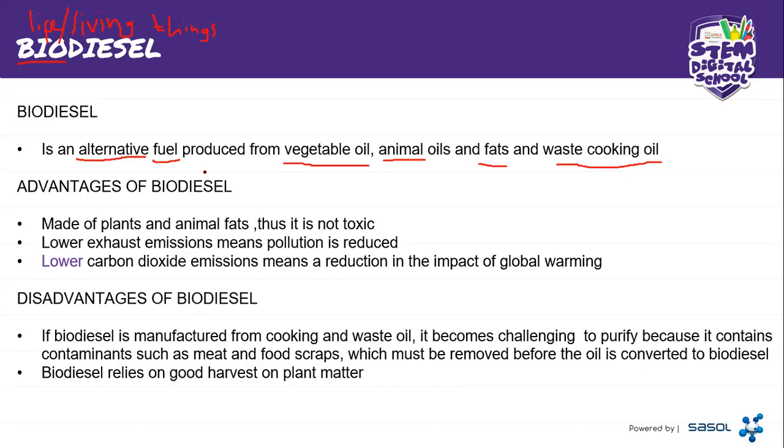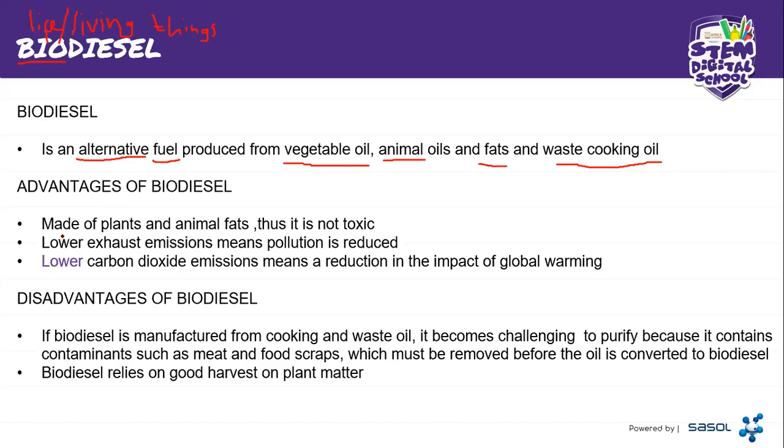For example, there are locomotives, which are trains that use biodiesel altogether instead of electricity or instead of petroleum diesel. So biodiesel is definitely made from vegetable oil, animal oils and fats, as well as waste cooking oil.